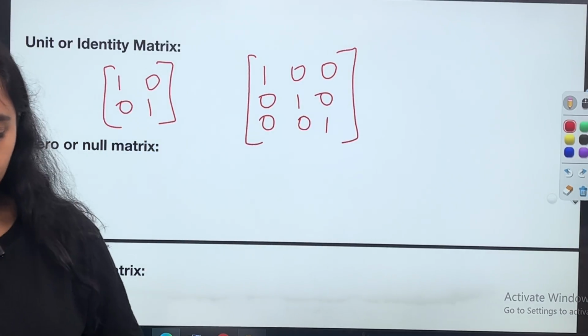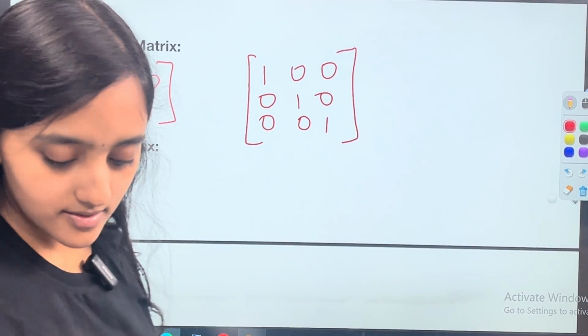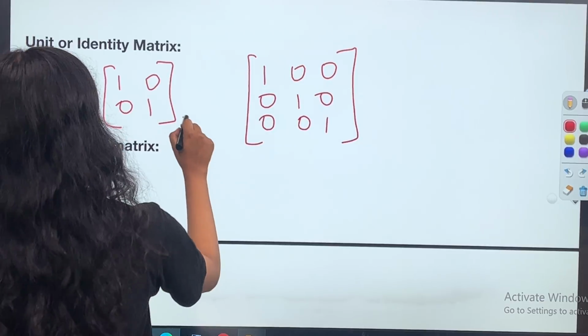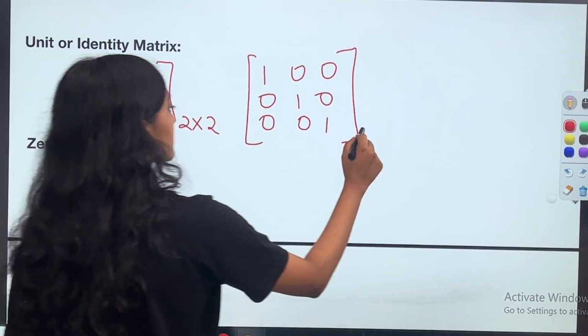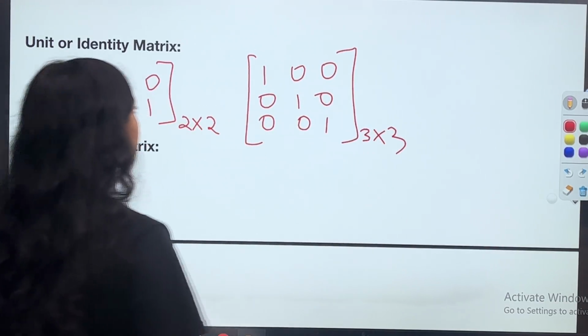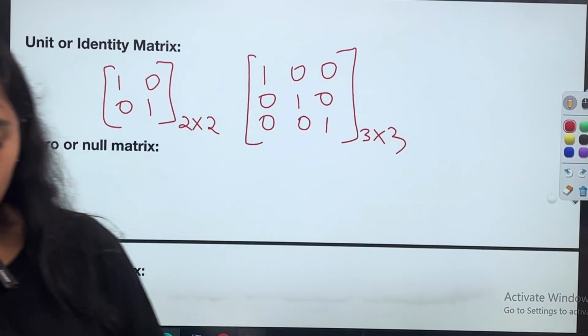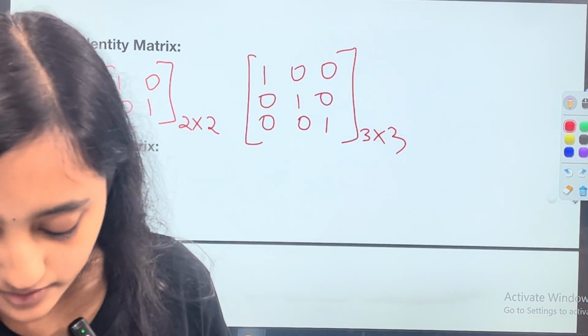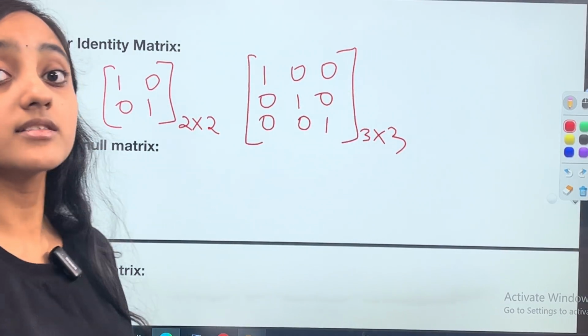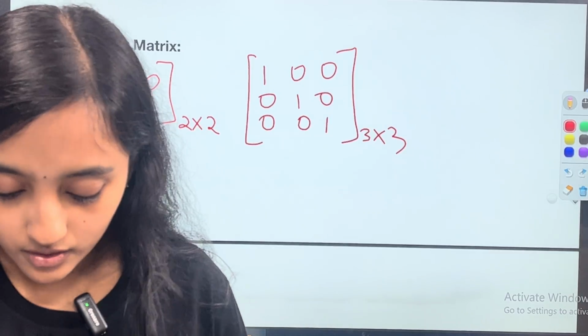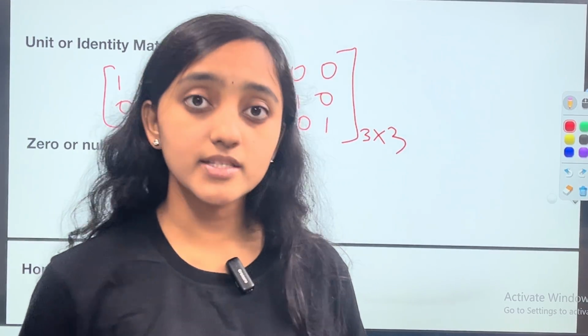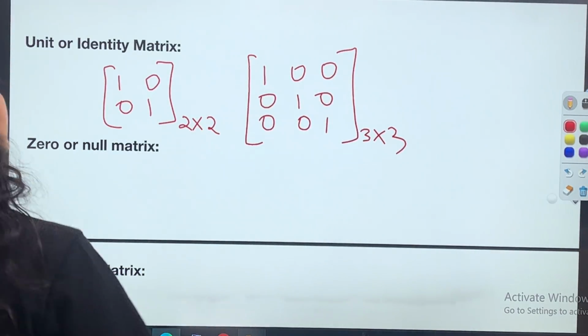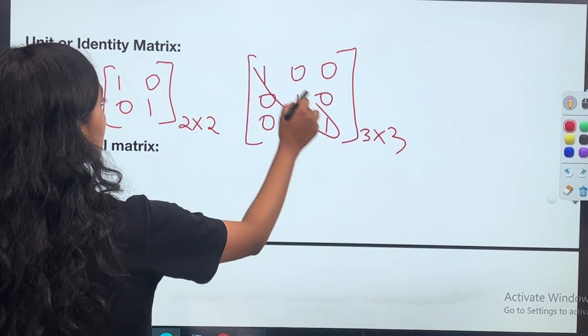If you have a matrix like this, this is a 2 into 2 matrix, and this is a 3 into 3 matrix. These are known as unit or identity matrices. A unit matrix can be defined as a scalar matrix in which each of the diagonal elements is unity. As you can see, all the diagonal elements are unity.